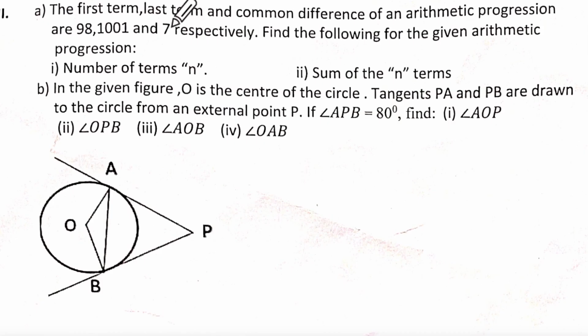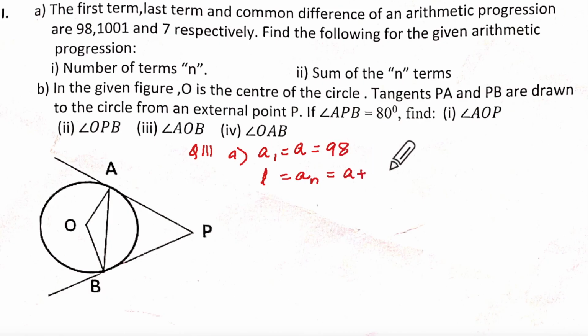What is the third question? The first term, last term, common difference are this. So your question 3A. A1 means first term is A, which is equal to 98. The last term, so L, which will be AN, which will be of AP, no?